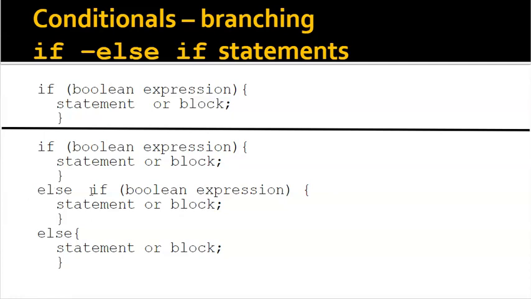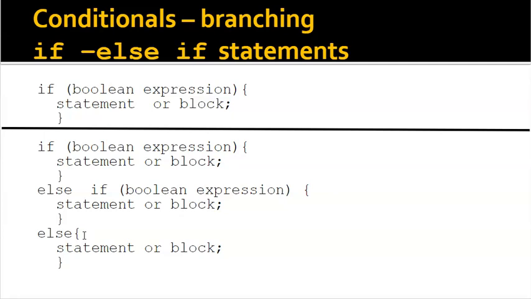Now, this is used to show multiple paths within a certain decision, like to turn right or to turn left or to go straight. It's not just a two outcome decision, it can be multiple decisions that are made.